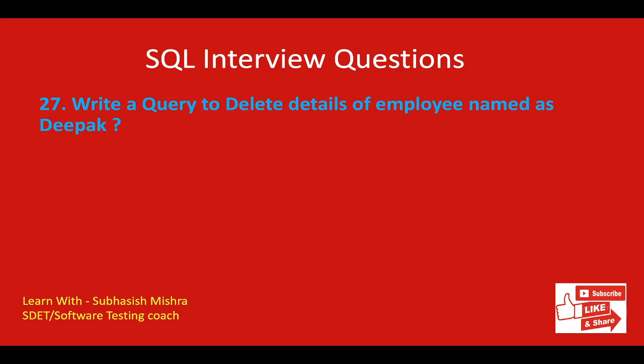Write a query to delete details of the employee named Deepak. Again, they want you to understand delete commands. So here you are going to write a delete command where you will delete the employee named Deepak.